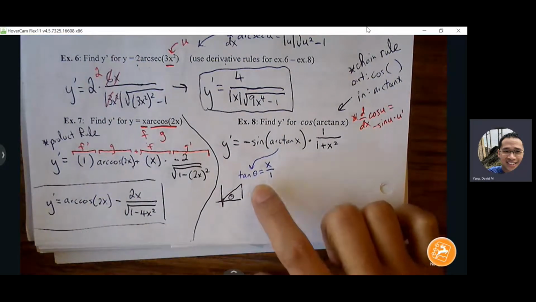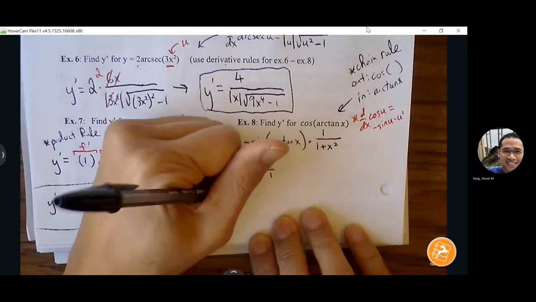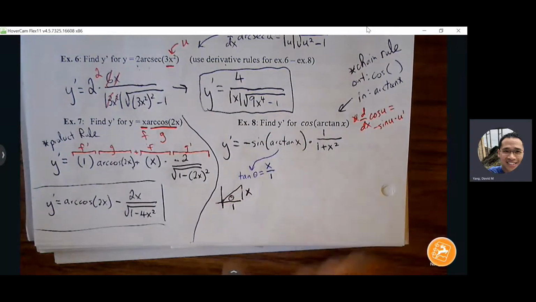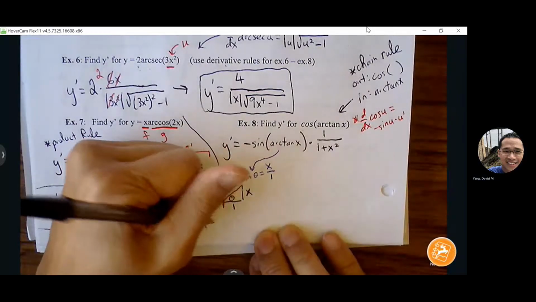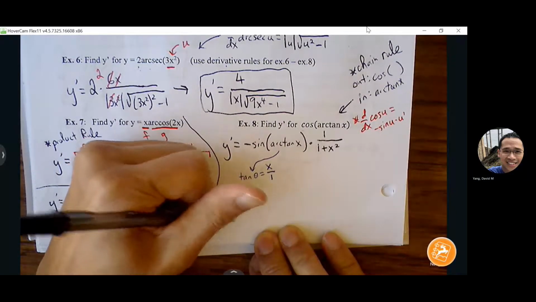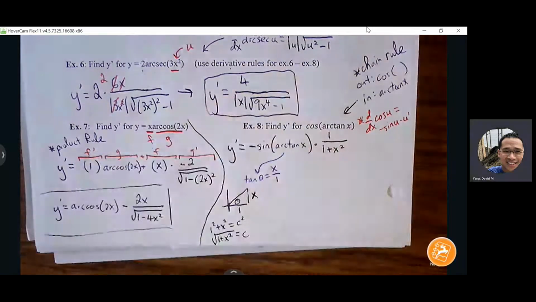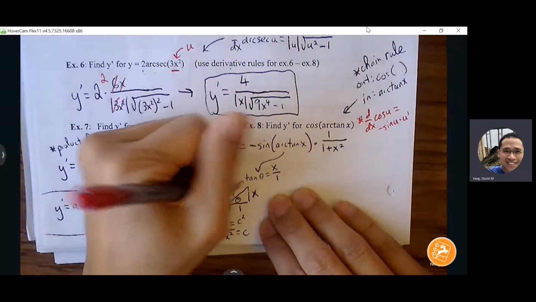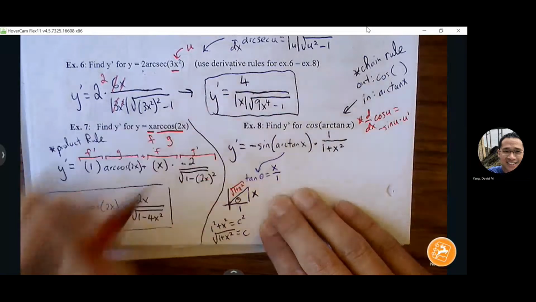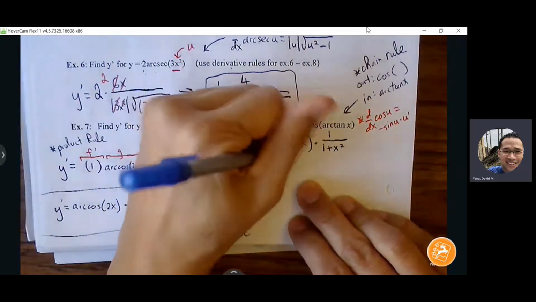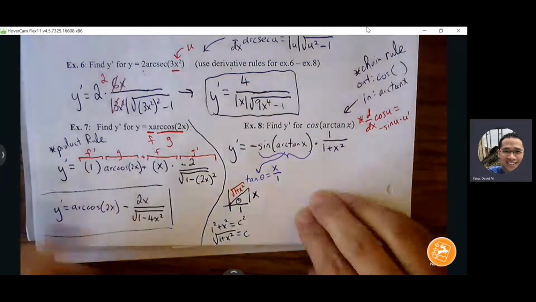Tangent of theta, opposite over adjacent. Pythagorean theorem, a squared plus b squared equals c squared. Okay, so we can replace this whole thing here. What's sine of arctangent of x?